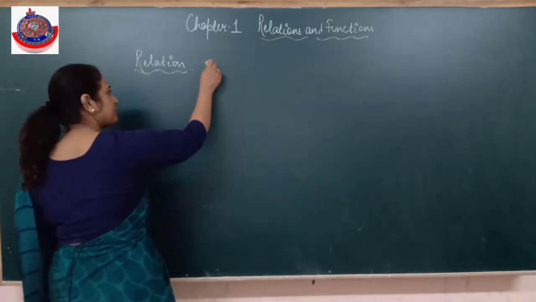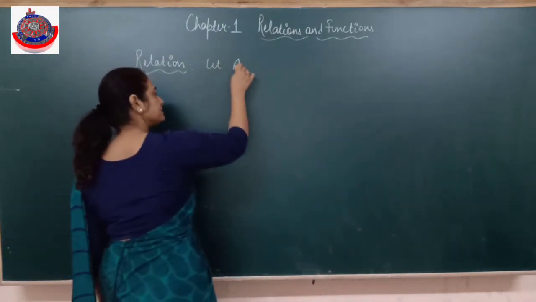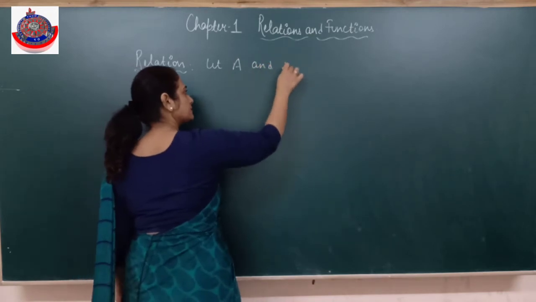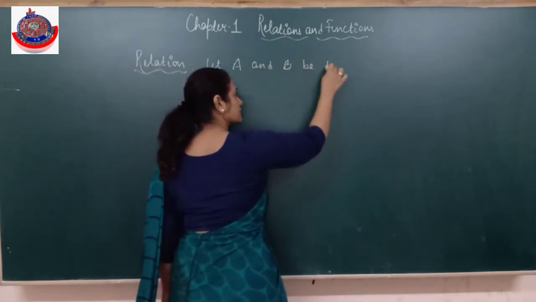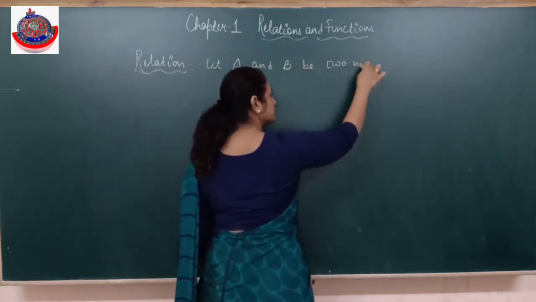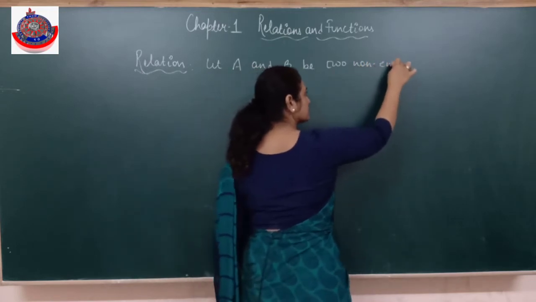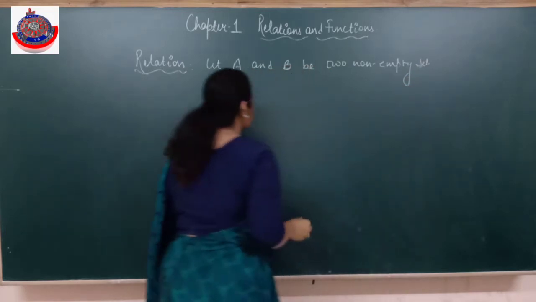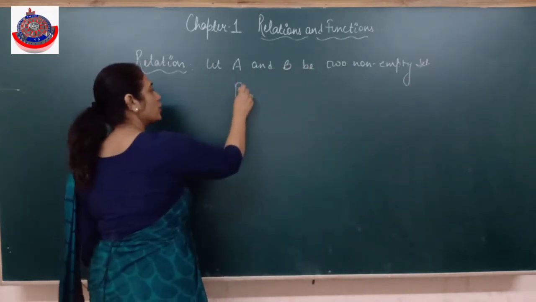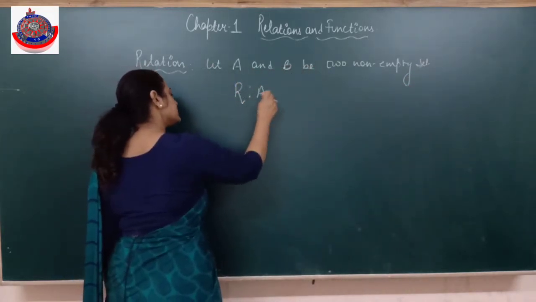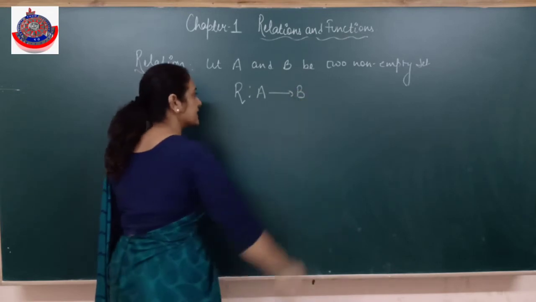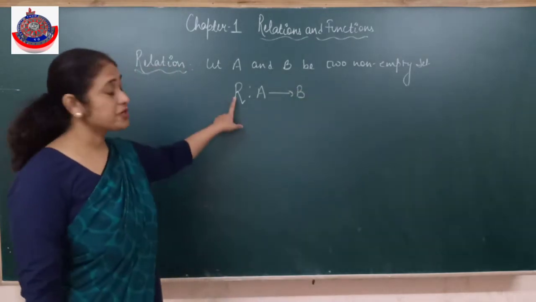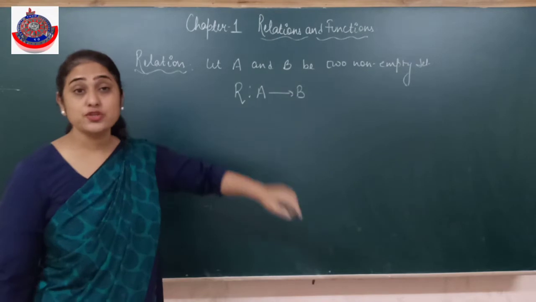Let A and B be two non-empty sets. How do we write it? A relation is from set A to B. We write it like this: relation is denoted by R, and R is from set A to B.